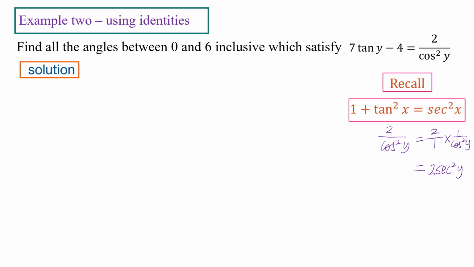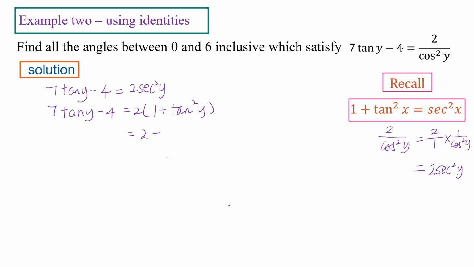So with this, we're going to solve this trigo equation. The right hand side will have 2 secant squared y. And I can replace your 2 secant squared y with 1 plus tangent squared y. Right, we're going to simplify the equation by bringing everything to the left, to one side.